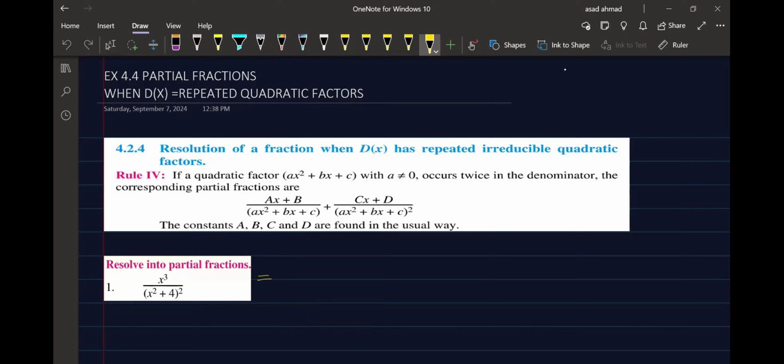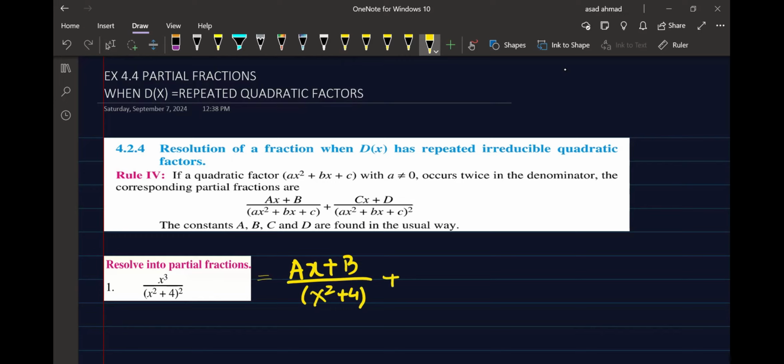So this would be a case of a quadratic in the denominator with a higher power. The pattern says that we will make the partial fraction in this form: ax plus b divided by the quadratic term with first power.